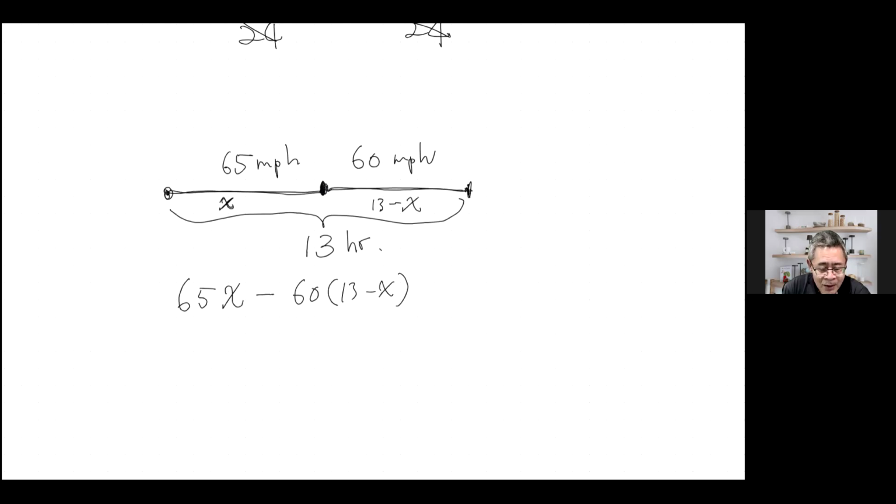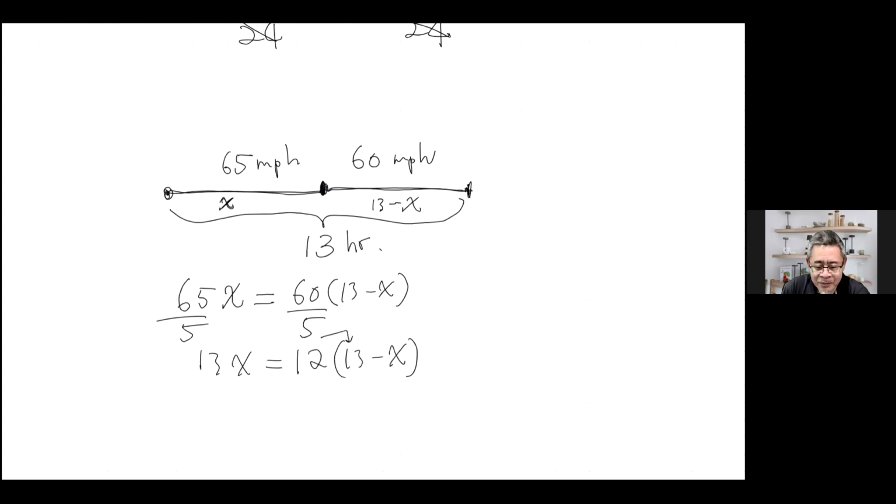So now what we have here is this equation. Again, we notice that it's divisible by 5, so we divide by 5 on both sides. So we get 13x equals 12 times 13 minus x. And then we distribute it.